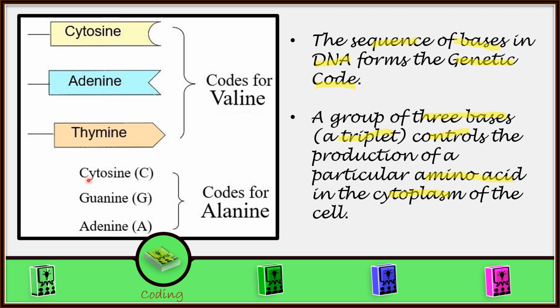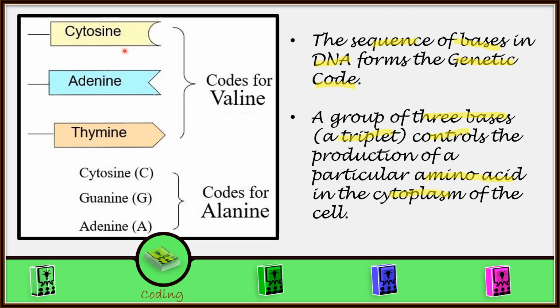And if we have cytosine, guanine, and adenine, they form a code for alanine. So a group of 3 bases joining together is what we call a triplet, and they are going to control the production of an amino acid.